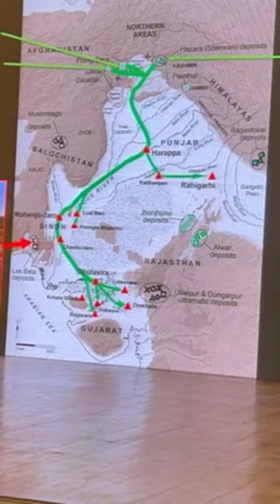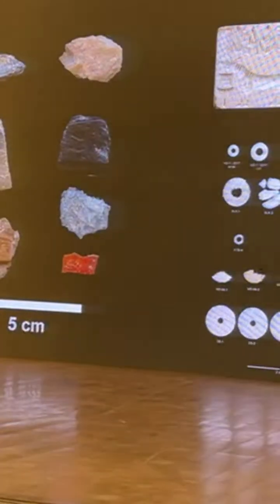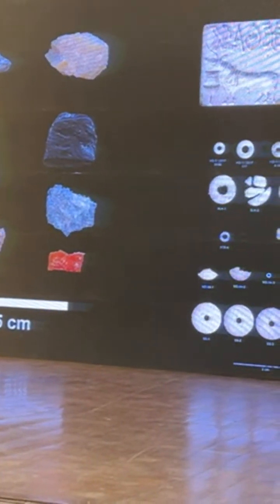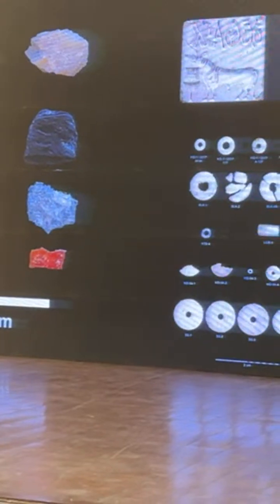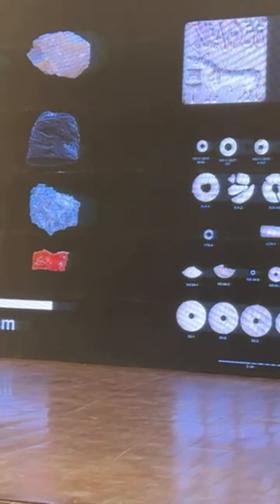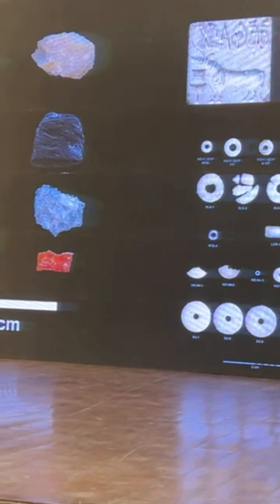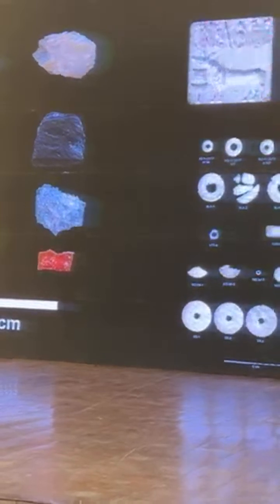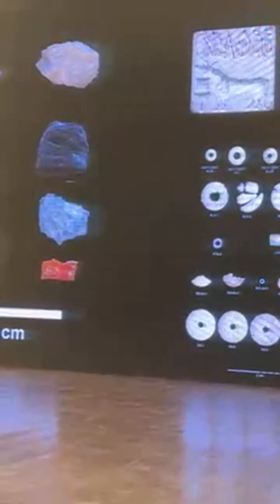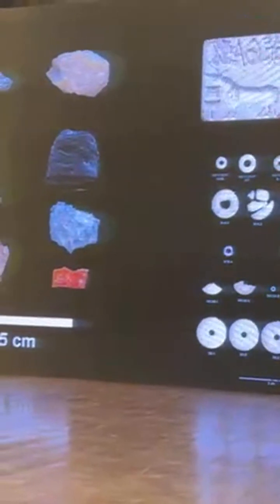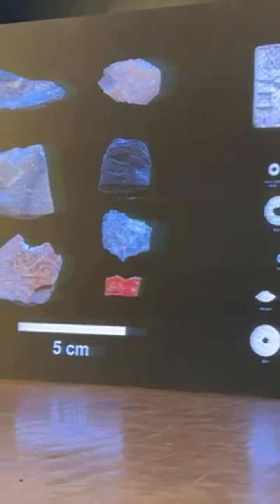It's beautiful. Well, the reason is, notice on the left side here, it's raw steatite, which in its raw form comes in many different colors: red, black, green. But look at the finished artifacts. They're all white. And the reason that they're white is they've been heated to very high temperatures. It thermally decomposes the talc and turns it white.